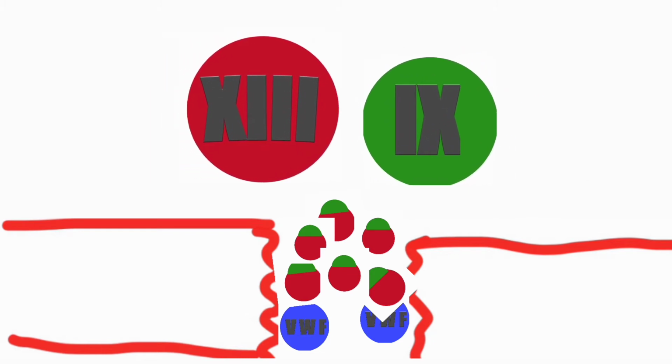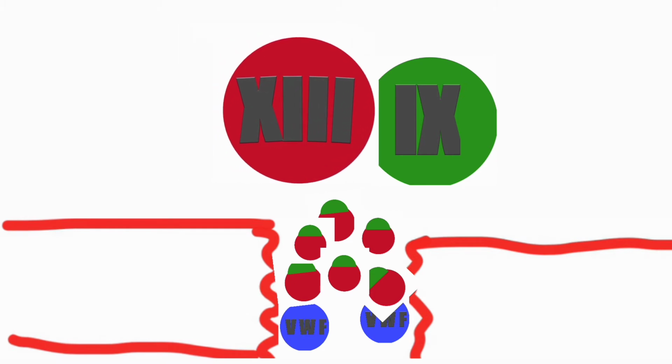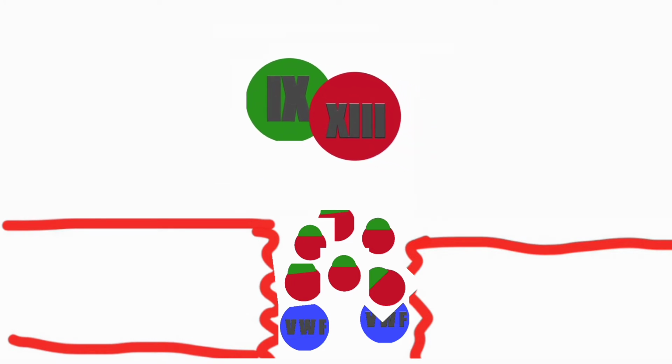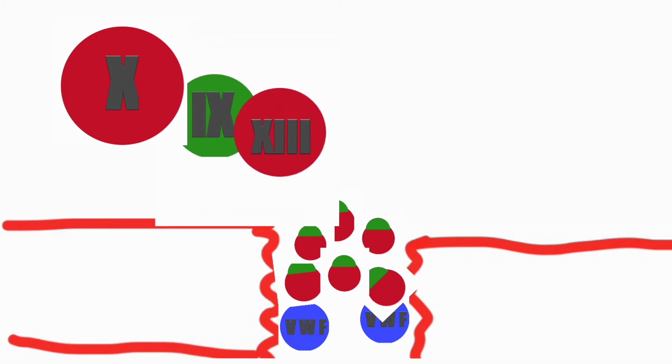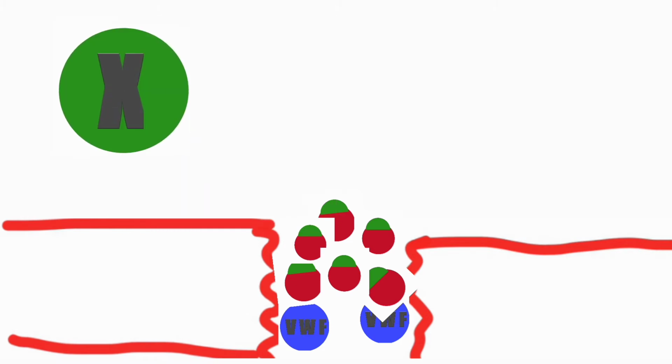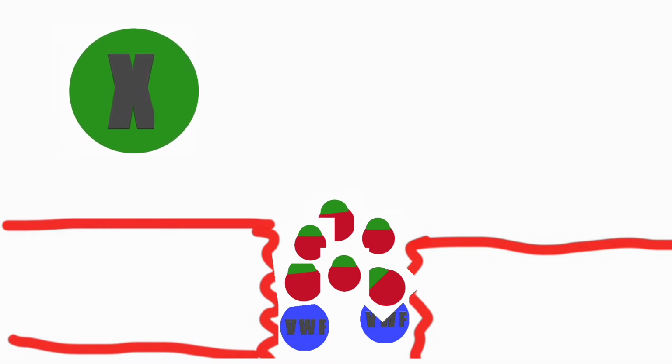Factor 9 will then combine with factor 8 to form a complex, and this complex formed will then convert factor 10 from inactive factor 10 to activated factor 10. So now we are going further into this coagulation cascade, right? Now we have activated factor 10.